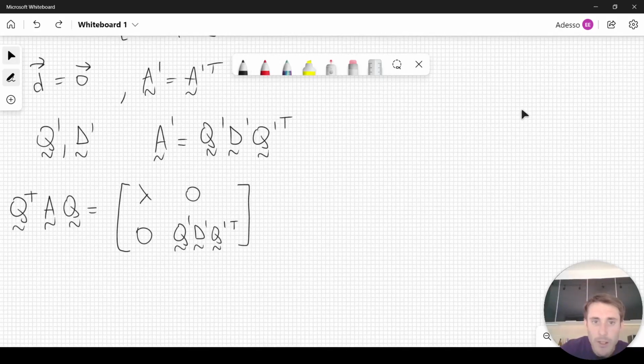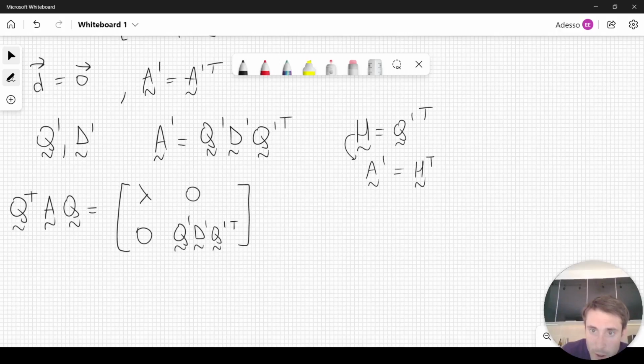By the way, notice that in this case I have put the transpose here, but you can also write the same expression in another form. So you can define a matrix H equal to Q prime transpose, and therefore you can write A prime equal to H transpose D prime H, like this, where H also in this case is an orthogonal matrix, right?